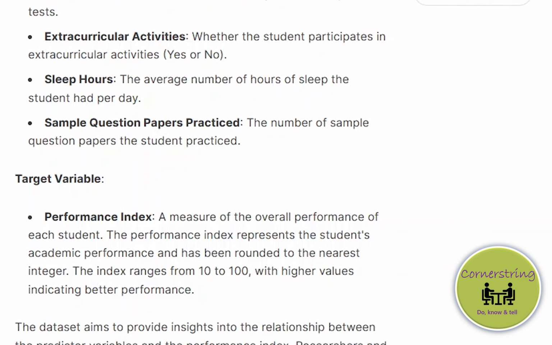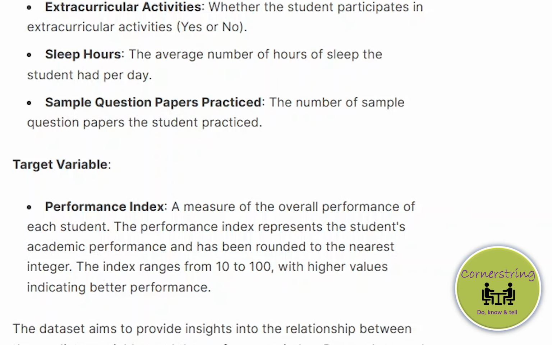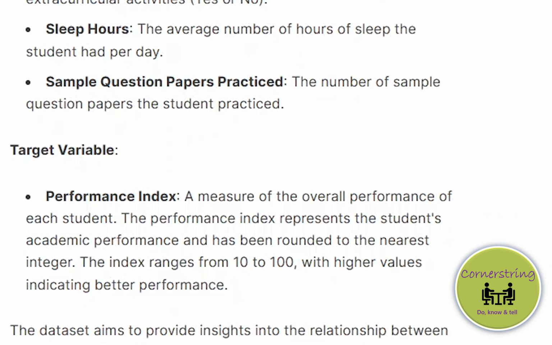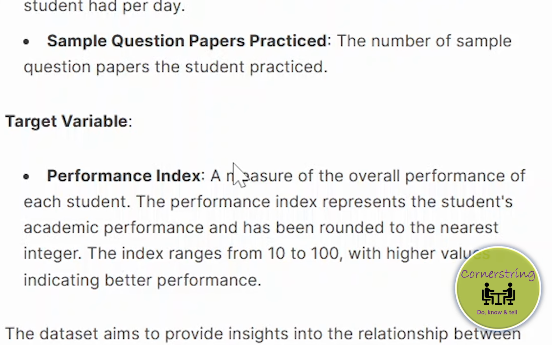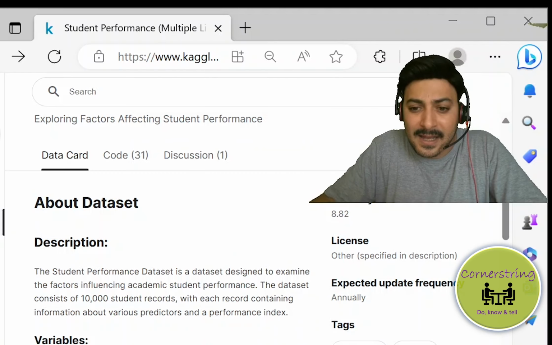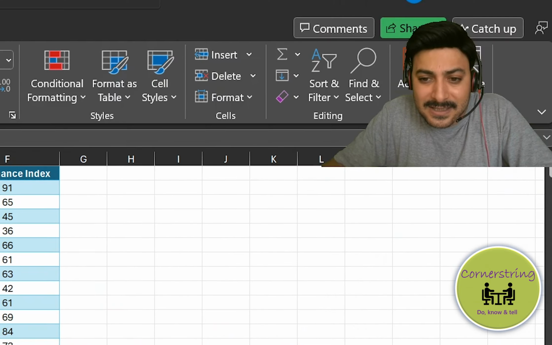And the sample question papers practiced, the number of sample question papers the student practiced before giving the final exam. Now my Y is the target variable, which is the performance index. Based on the independent variables, we would like to see how they impact our dependent variable Y, the performance index. Let me quickly jump onto the Excel spreadsheet.